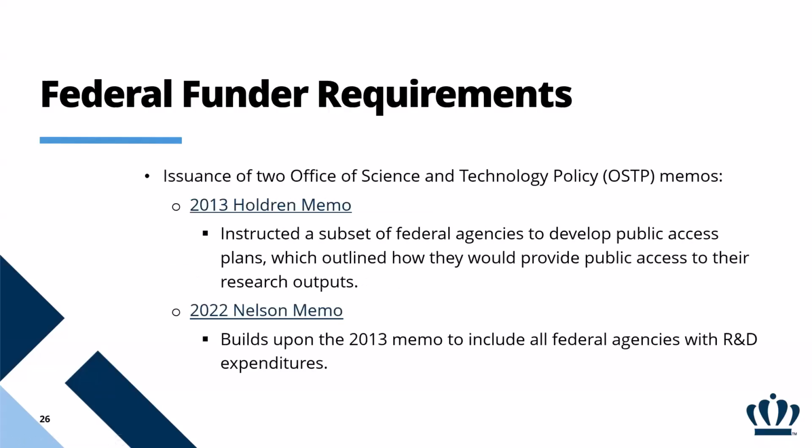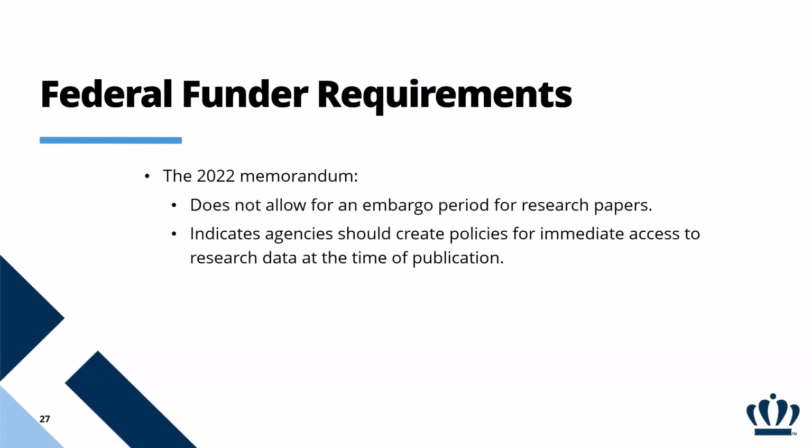There have been two Office of Science and Technology Policy memos that support increased public access to research outputs from federally funded research. The most recent is the 2022 Nelson memo. It builds upon the previous memorandum, but it specifies the removal of an embargo period for papers, meaning that when an article is published, it should also be made publicly available immediately.